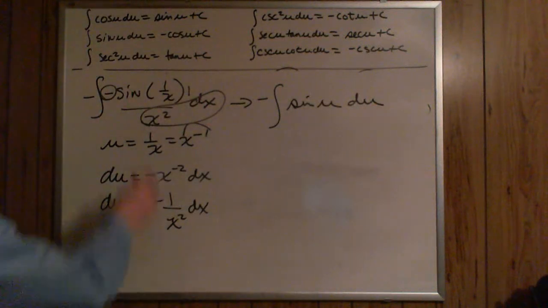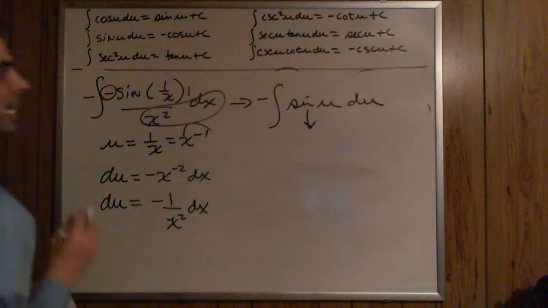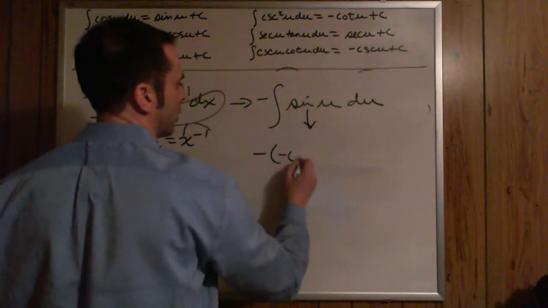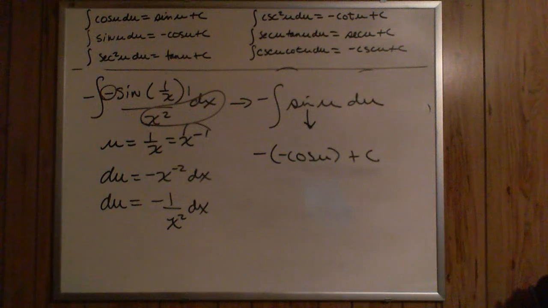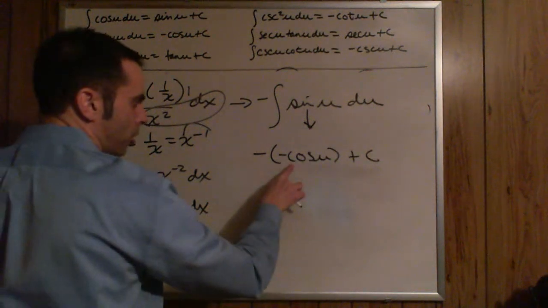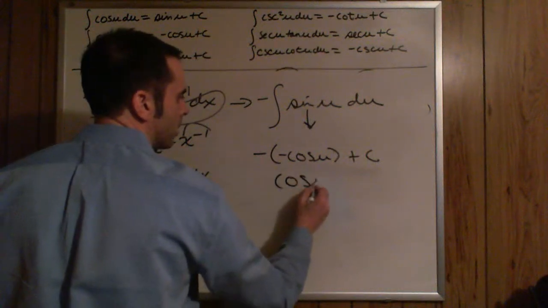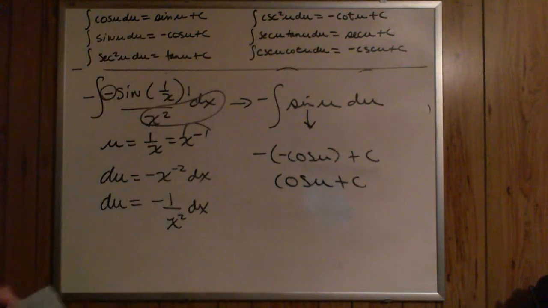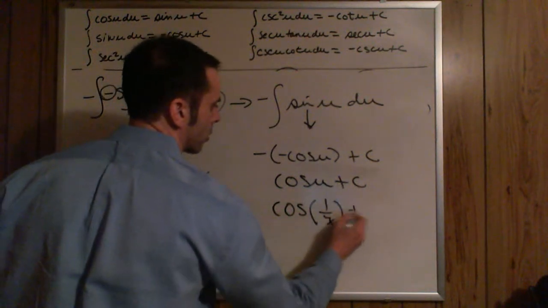So the antiderivative of sine is negative cosine u plus c. But a negative times a negative is a positive, so cosine u plus c is my answer. Now in terms of x, it would become the cosine of 1 over x plus c.